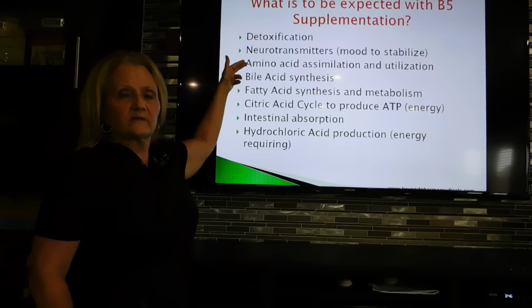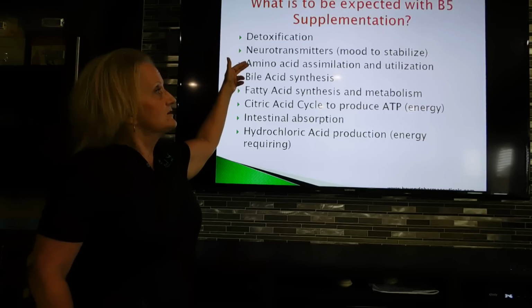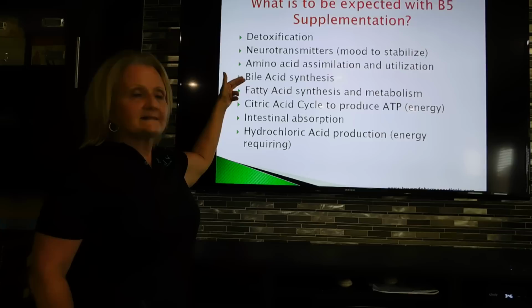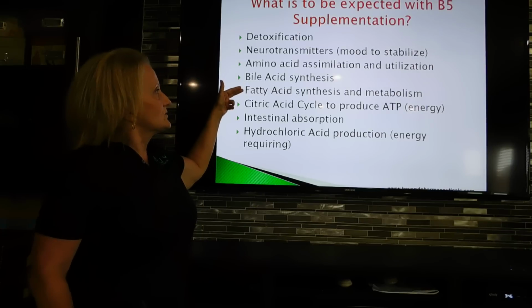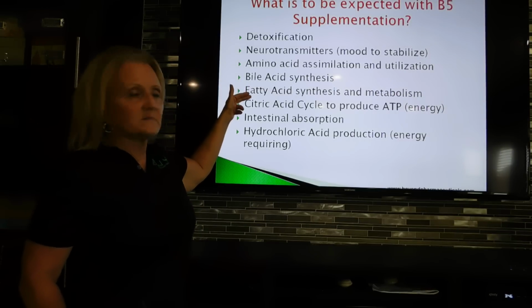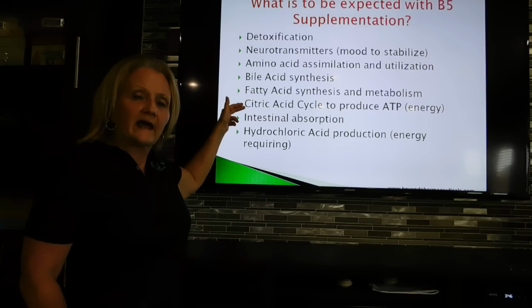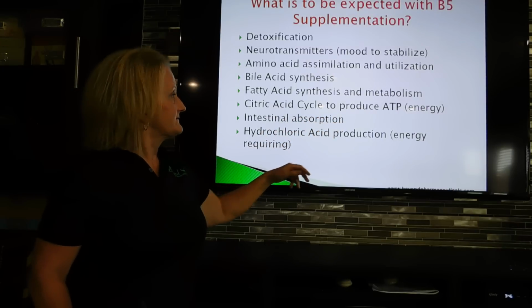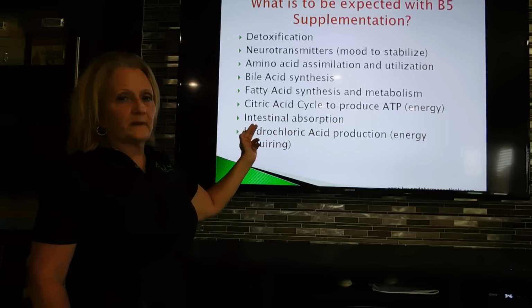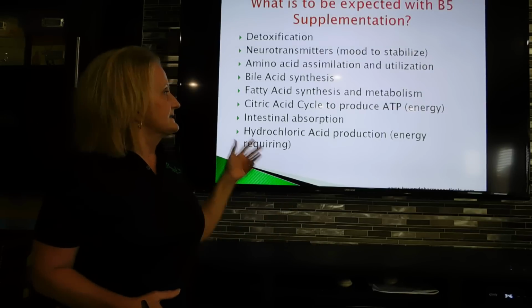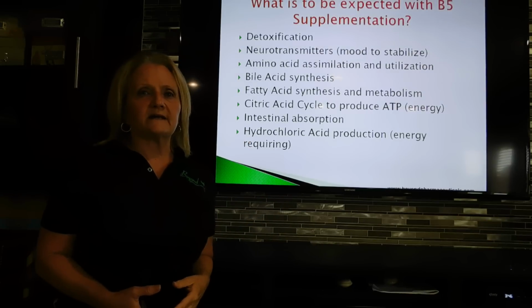It's going to help with amino acid assimilation and utilization and protein synthesis. It's going to help with bile acid synthesis. It's going to enable her to initiate fatty acid synthesis and metabolism. The citric acid cycle is now going to be able to produce ATP a lot more effectively. She's going to have better intestinal absorption and hydrochloric acid production. Now, these last two are very essential in digestion.